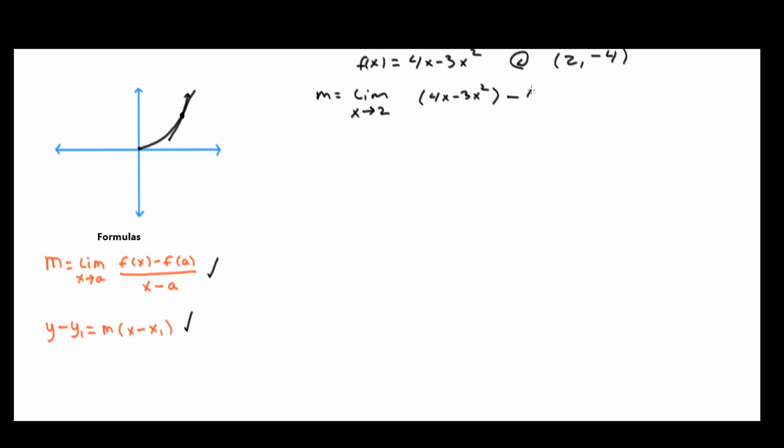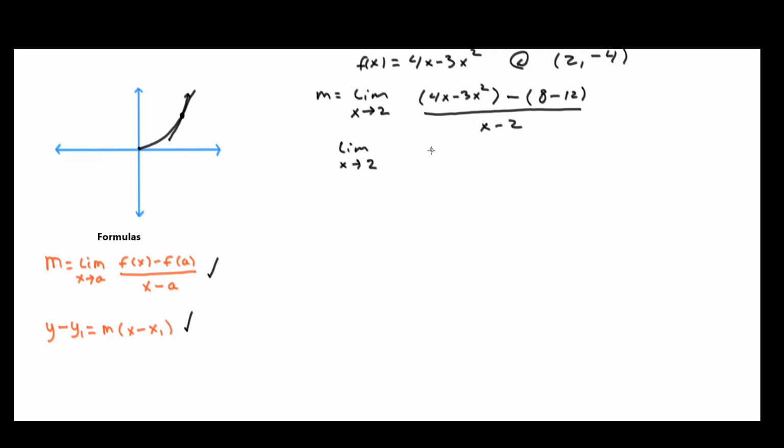So we'll just go ahead and write those both out. So 8 minus 12, over x minus 2. And then we go ahead and just start breaking this down.